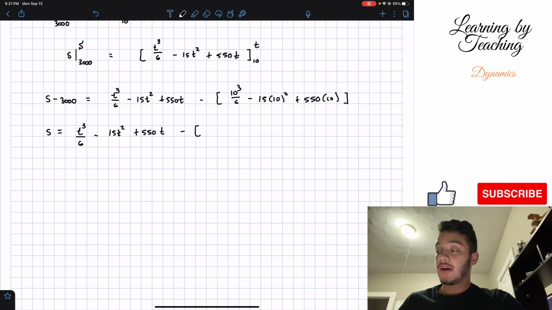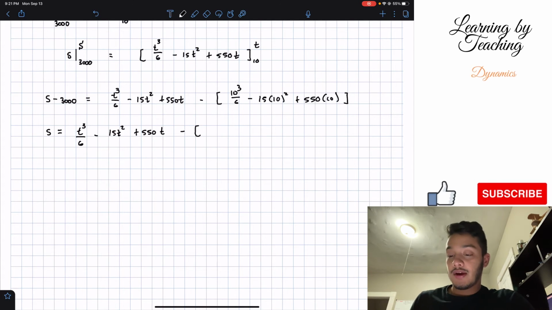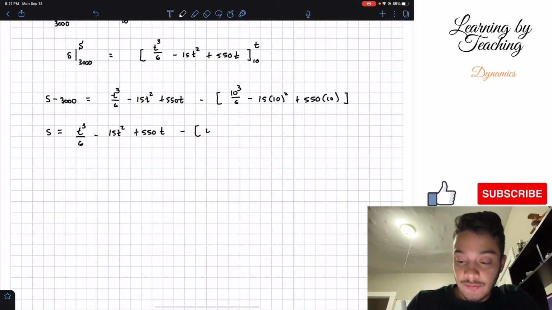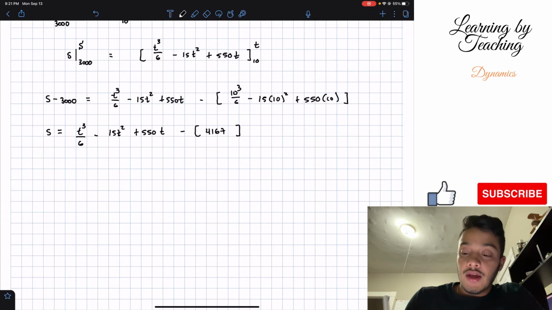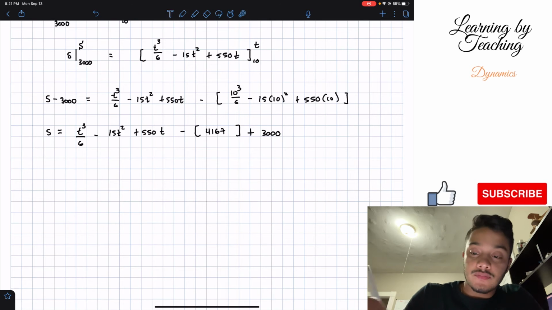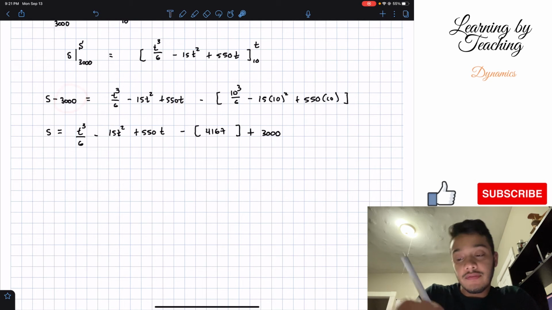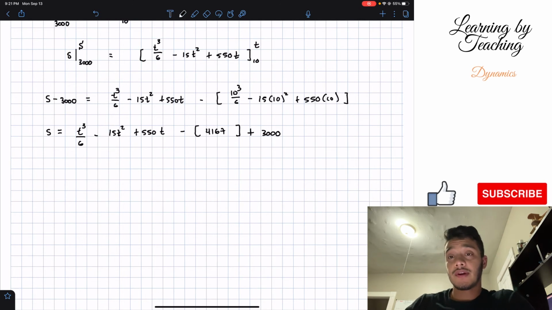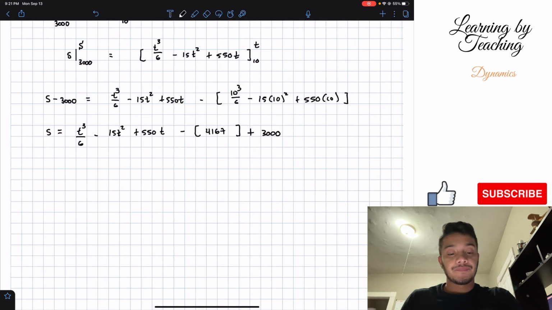So we're going to put everything that is in the bracket in our calculator, and when we do that, we will realize that this is equal to 4,167. Okay, and we're gonna do at the end plus 3,000 because it was on the other side negative, so it passes to this right side as positive.